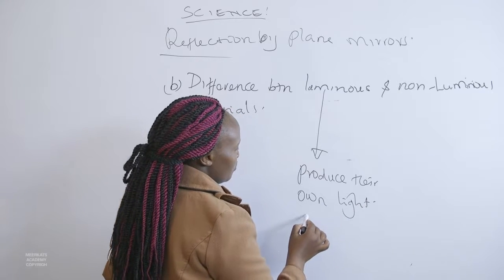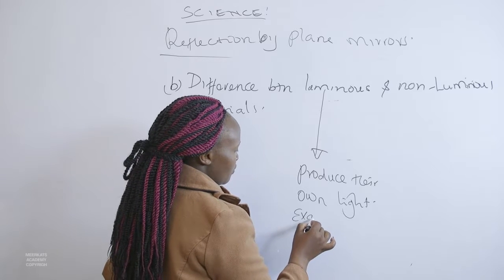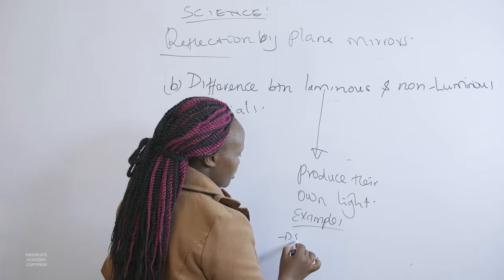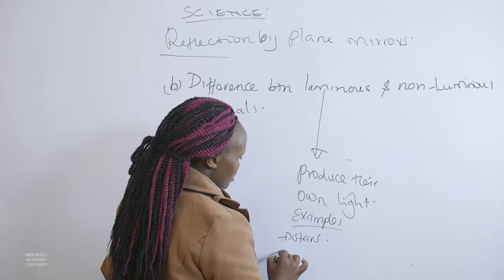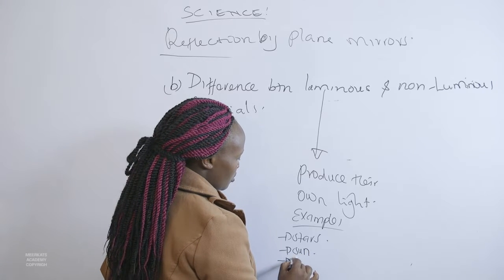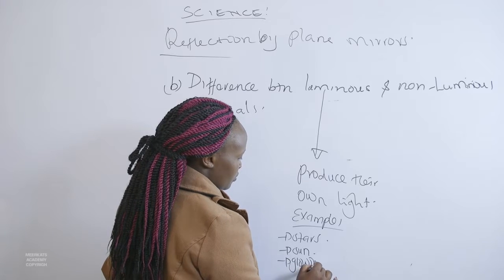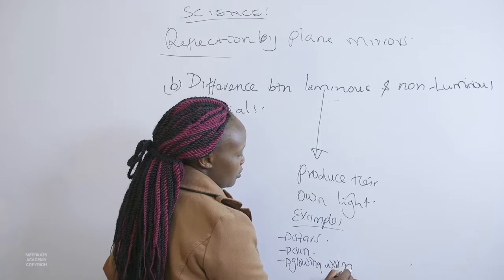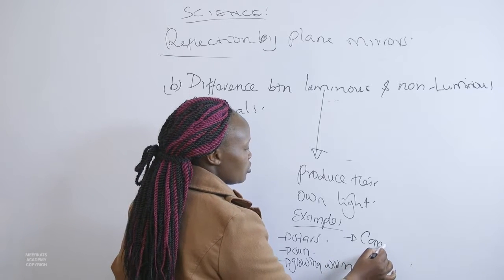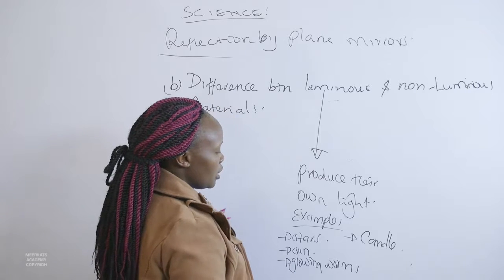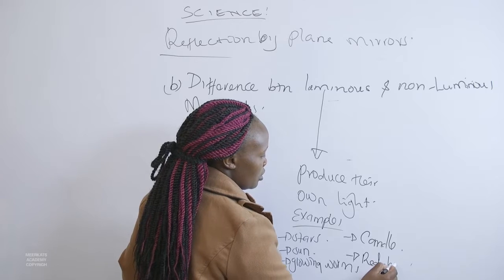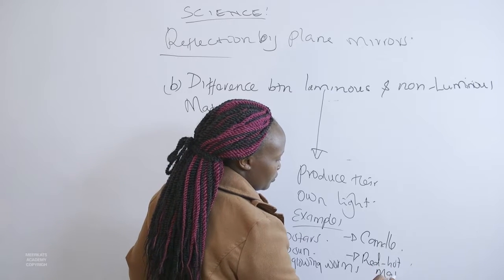We could exemplify them by the following. You can talk of stars, you can talk of the sun. We talked about glowing worms. We talked about a candle that is actually burning, and a red hot material.